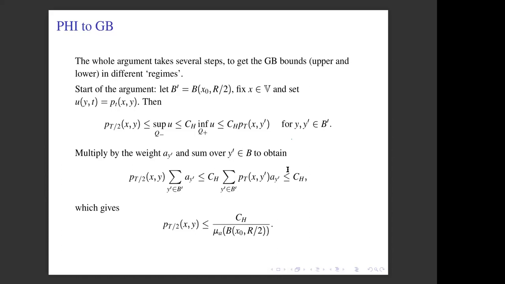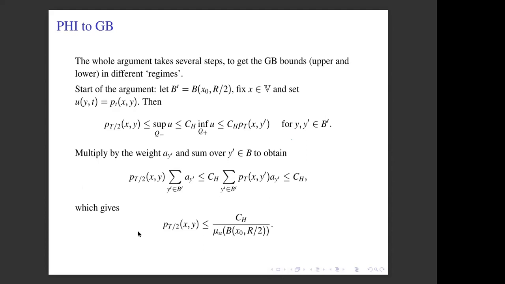There are several ways of doing it. Actually, getting the Gaussian lower bound is easier to explain than getting the Gaussian upper bound.